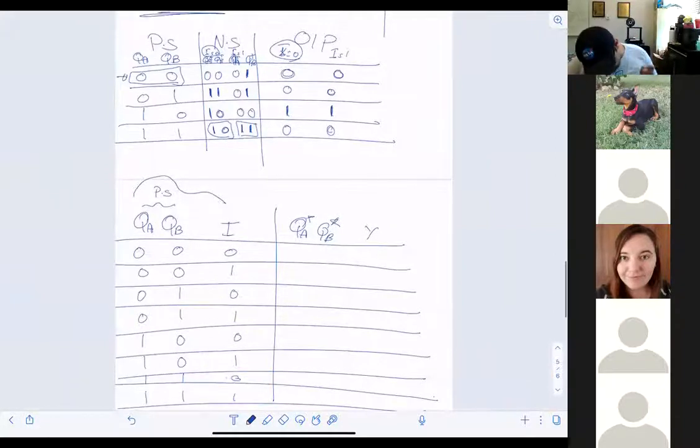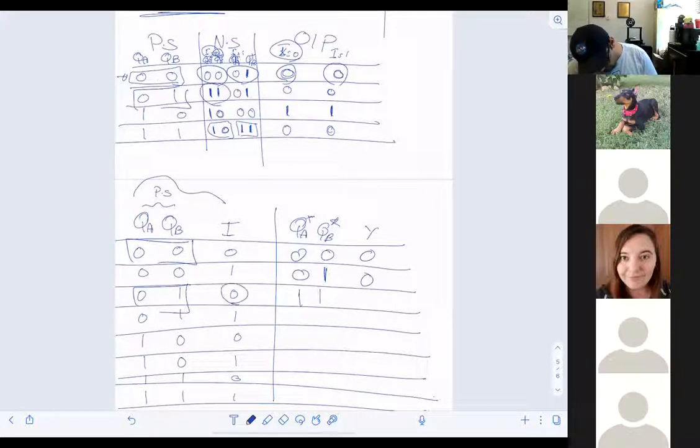What I said here is: when it's 0, 0 and the input is 0, I'm gonna go back to 0, 0, and my output is 0. When I'm 0, 0 and my input is 1, I'm gonna be 0, 1, and my output is 0. When I'm 0, 1 and my input is 0, I'm gonna go to 1, 1, and I don't have any output.